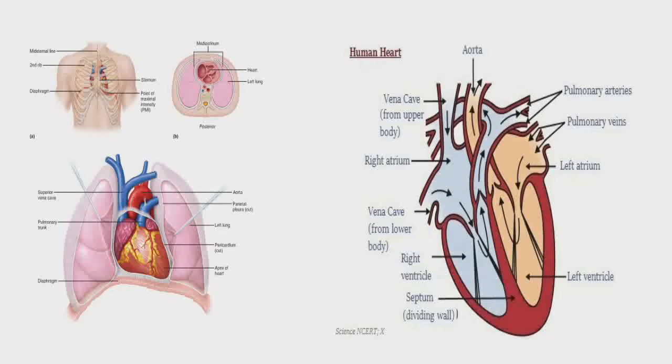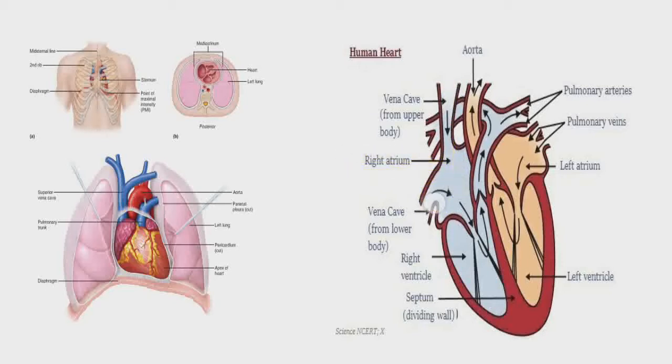This vena cava is a blood vessel; we are going to study in detail what kinds of blood vessels are there in the heart. For now, just see the names. So blood from the upper side and the lower side comes through the vena cava and enters the first chamber of the heart, that is the right atrium.